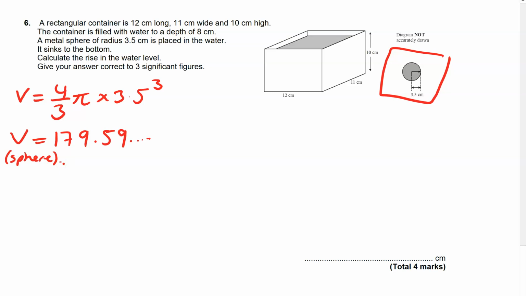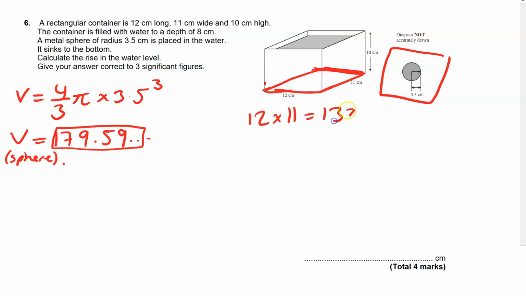Now, the height is the variable part, so all I need is to know what the base area is. So if I put that much, that's the volume, and that's the base, how far spread out is it going to get? So I need to do 12 times 11, which is 132. Imagine it like that.